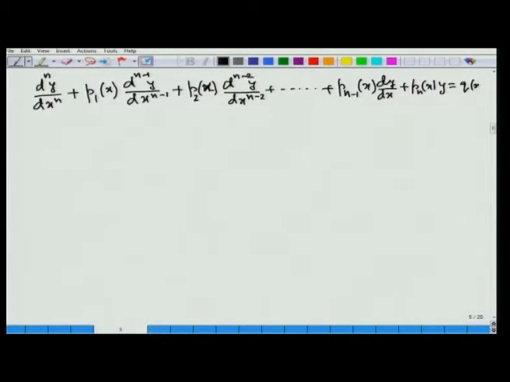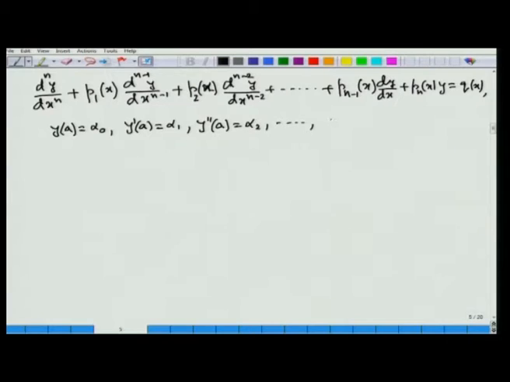this is equal to q(x), and the given initial conditions are y(a) equal to alpha 0, y dot (a) equal to alpha 1, y double dot (a) equal to alpha 2.